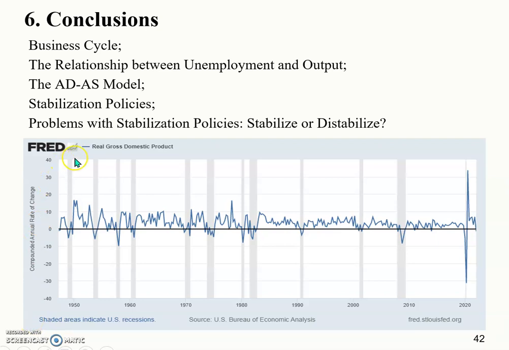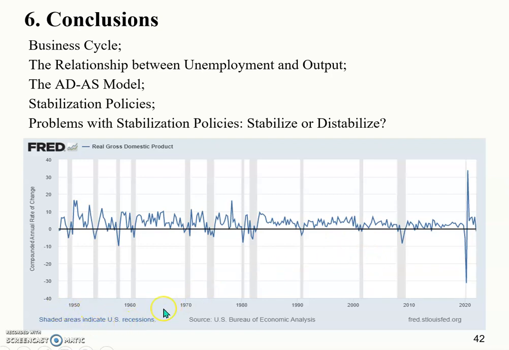Now, what I'm pulling out here with FRED is the real GDP. The vertical axis is the compounded annual rate of change. In other words, this is the annualized growth rate of GDP. Remember, the GDP number is reported every quarter by the Bureau of Economic Analysis, so we have to convert it to the annualized rate of growth.